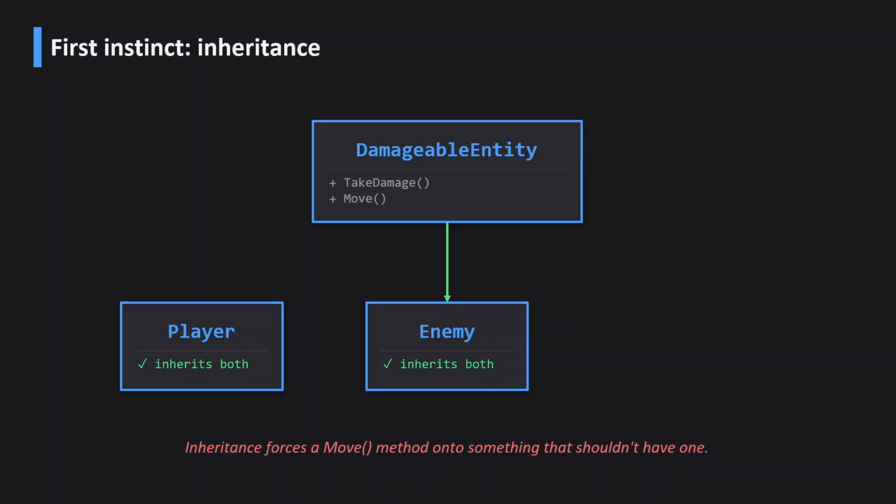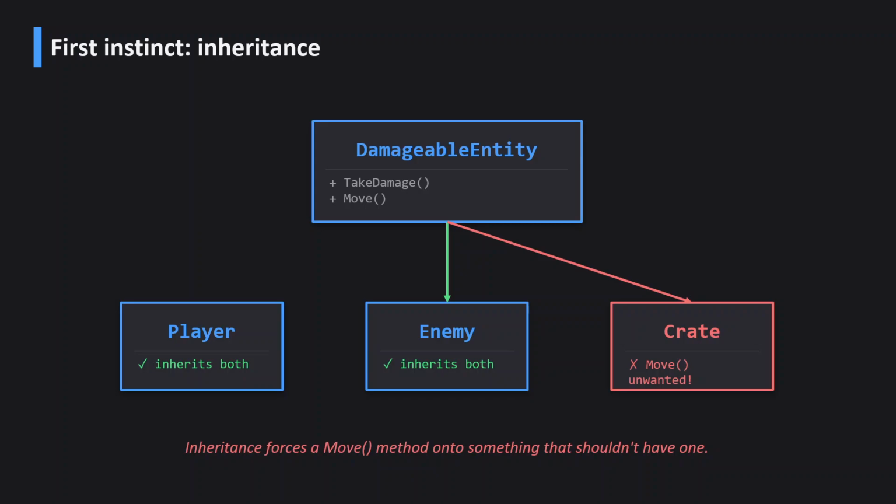But now we hit the crate. The crate takes damage, so it kind of fits, but it cannot move. And we have just forced the move method onto something that has no business moving. This is the trap. The moment you find yourself writing this class inherits this method but never uses it, you have picked the wrong tool.